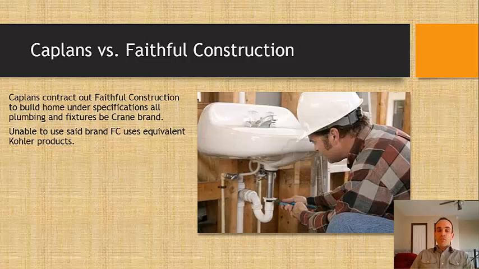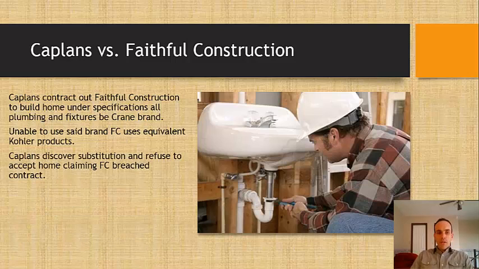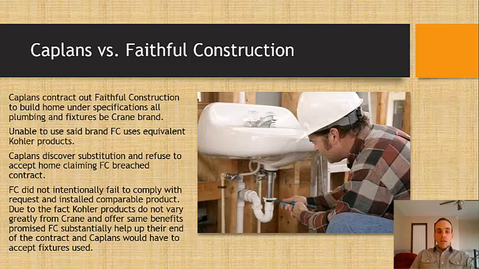And it is shown in the description that Faithful Construction was unable to use said Crane brand, and therefore consequently used an equivalent product called Kohler products. Upon returning to their home, the Kaplans discover the substitution and are not pleased with it and refuse to accept the home, claiming that FC, or Faithful Construction, breached said contract.